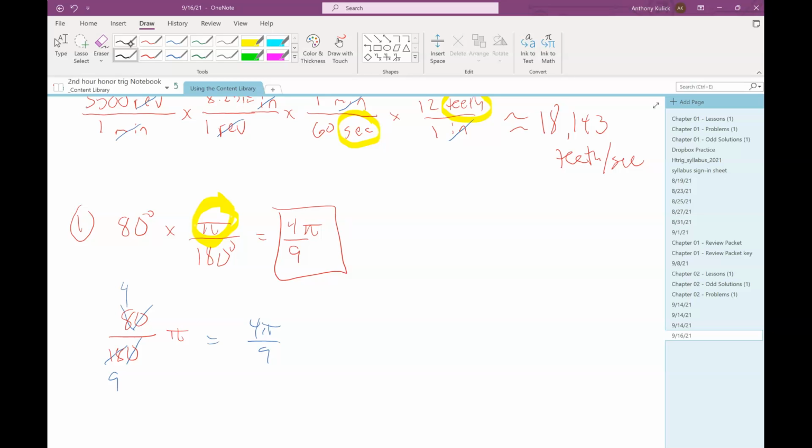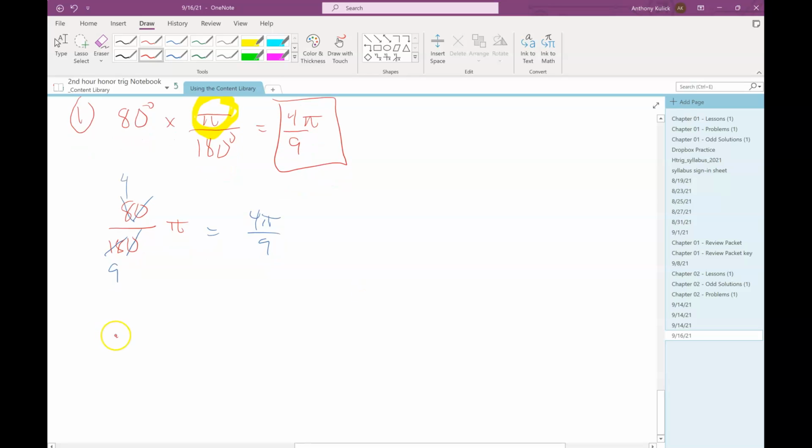Grace, could you do number 29? Sure. So it says, assume theta is an acute angle in a right triangle that satisfies the given conditions.